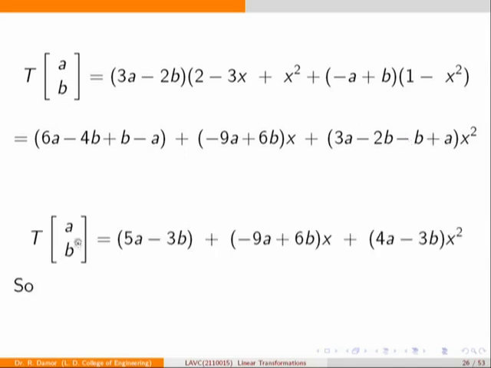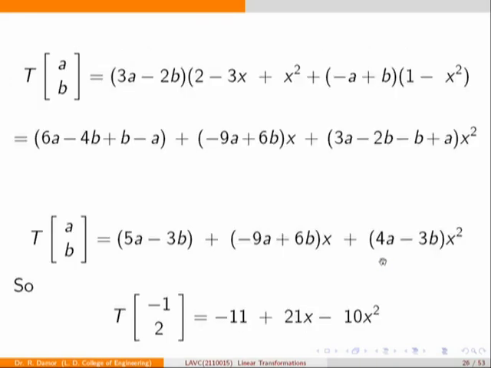T of (a, b) is nothing but (5a minus 3b) plus (minus 9a plus 6b)x plus (4a minus 3b) x square. So this is my linear transformation, coming from the basis vectors V1 and V2, for the transformation T from R2 to P2. Now again I have to find the image of the vector (-1, 2), T of (-1, 2). So I put a equal to minus 1 and b equal to 2 in this equation, and I get minus 11 plus 21x minus 10x square. Clear?